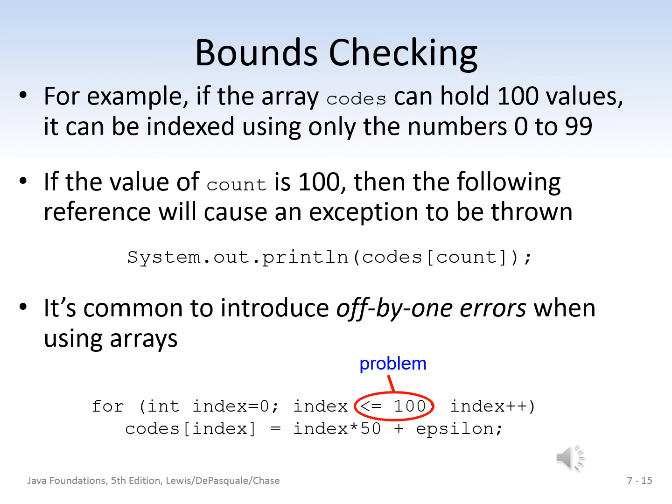For example, if you specify 100 as inclusive in a boundary condition for a for loop, as in this example. We're going from index 0, it should be index less than 100, but instead it's coded index less than or equal to 100. So this for loop is going to try to reference an illegal index number, which is 100.